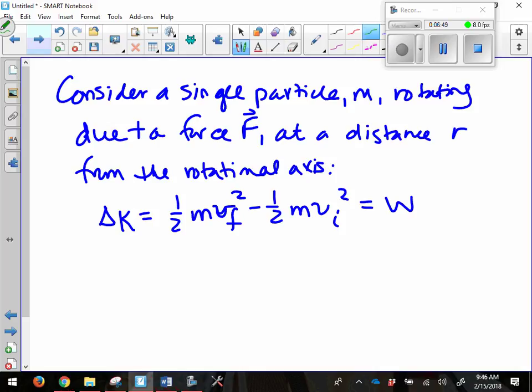But remember, I'm trying to turn this into rotational stuff. So if I have a tangential velocity, which is what these V initial and V finals are, then I've also got what other kind of velocity? A rotating velocity, an angular velocity. And what's the symbol I use for angular velocity? No, omega. And how are omega and V related?